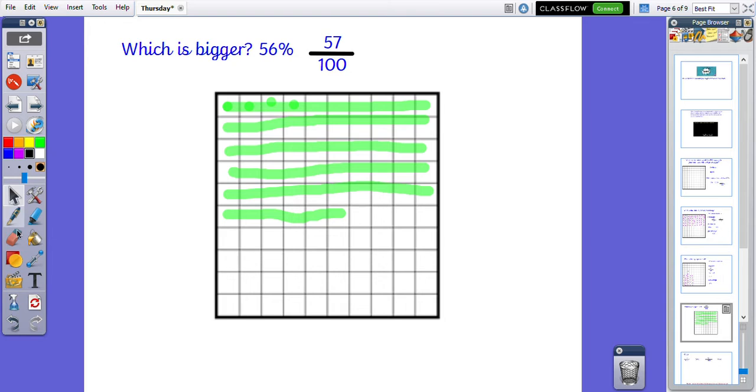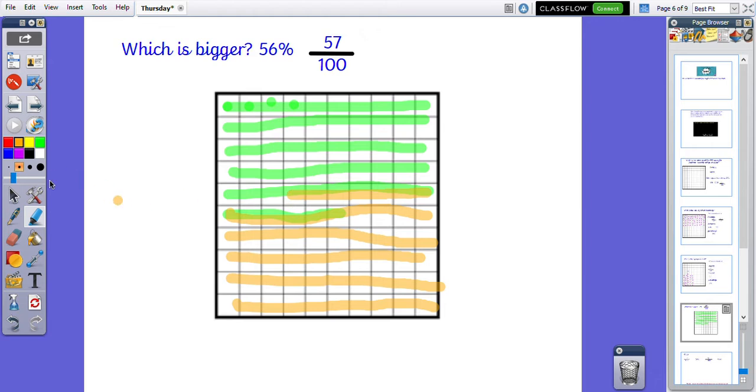Then it wants to ask me 57 over 100. Is that bigger? So let's do 57. Oh, let's do it in a different colour. We've got 1, 2, 3, 4, 5, and then 1, 2, 3, 4, 5, 6, 7.